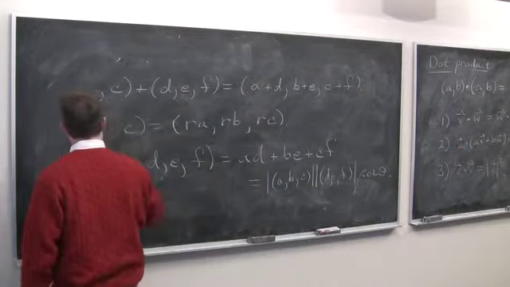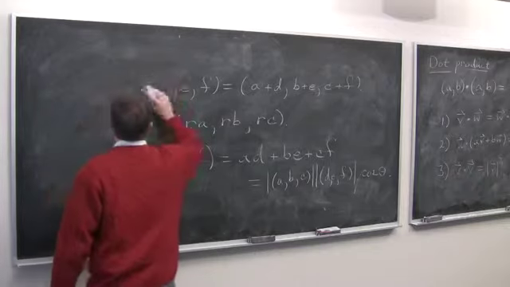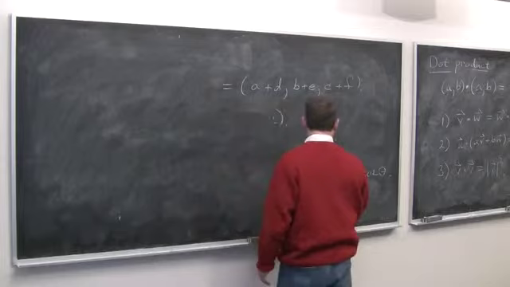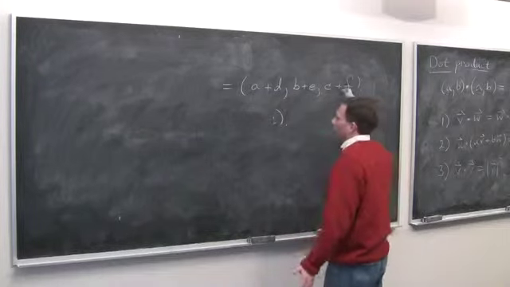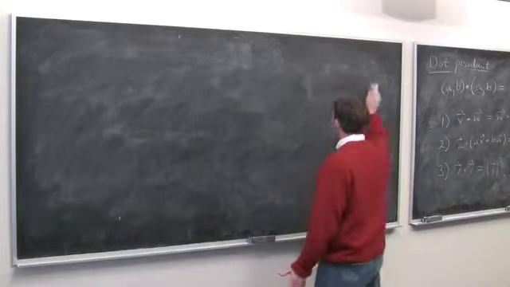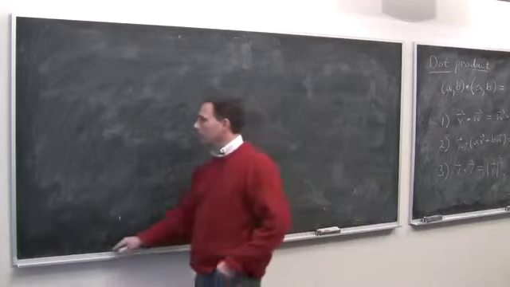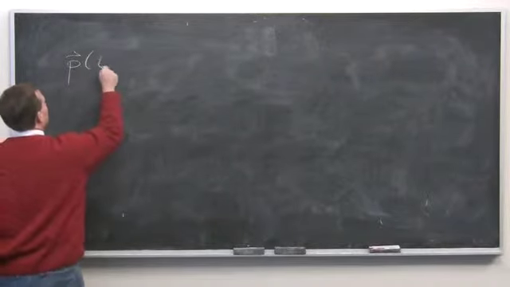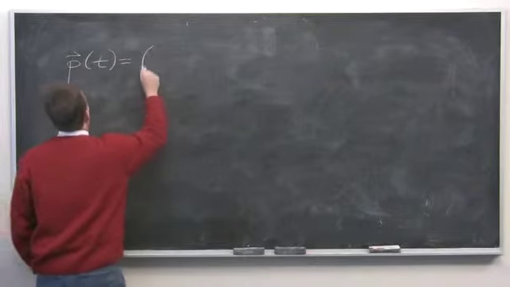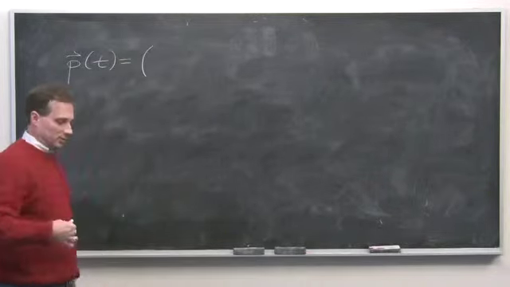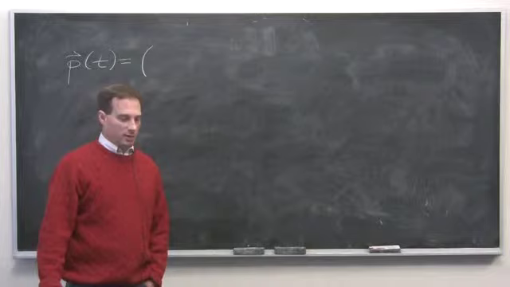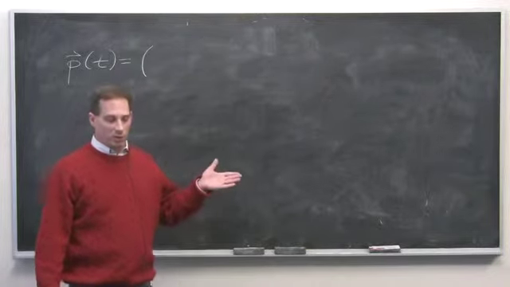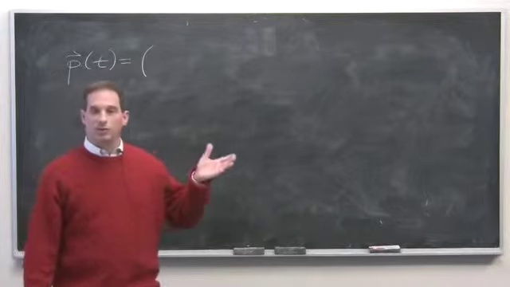So what's a vector function? Well, for us, we're going to have functions that take a real number and give us back a vector. You can think of it as giving you back a point, but in fact, we're thinking of them as vectors. So we have some function, p of t, which I'm going to write in 3 dimensions, and in 2 dimensions, just ignore the z component that I'm going to write, or set z equal to 0.